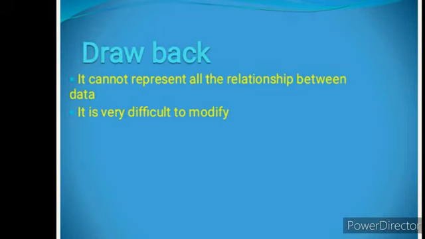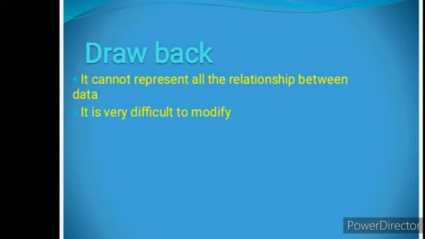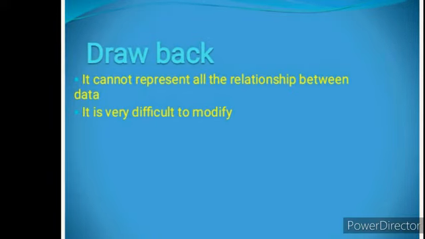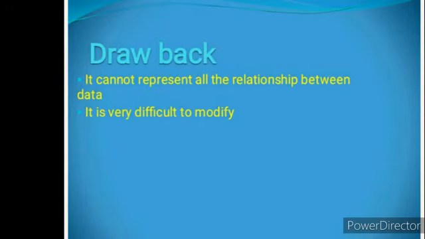With this restriction, the hierarchical model is a restricted model. So in this section we saw only the hierarchical model. In the next section we will see the next model. So today's section is completed.